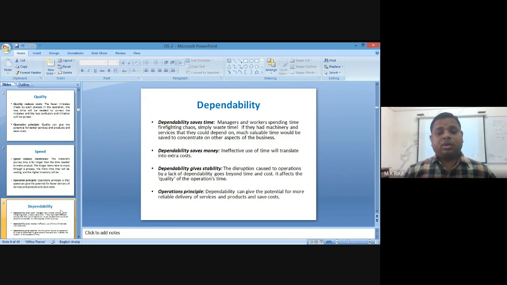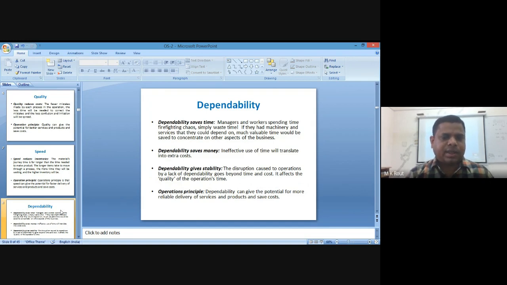In that case, do not go for any kind of argument with your subordinates as well as your senior authorities, as that directly leads towards wasting of time. So by the help of this operating principle with reference to dependability, they are told to concentrate on different aspects of business to generate a huge amount of profit.